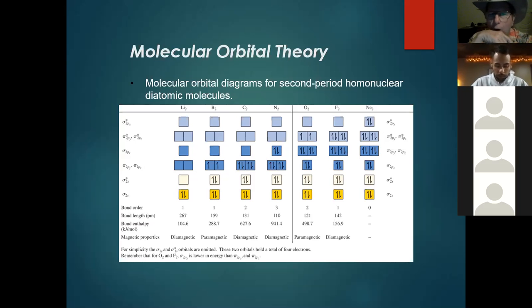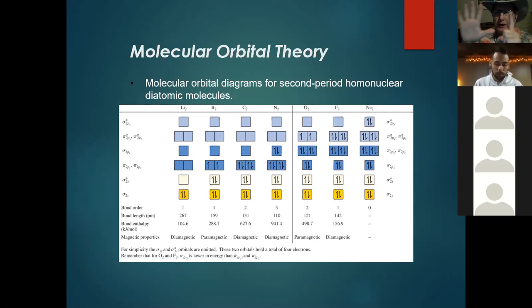So, okay, now we're going to boron. Boron has 5 electrons, so B2 should have 10 electrons. The first 4 go into the sigma 1s, as bonding and antibonding.